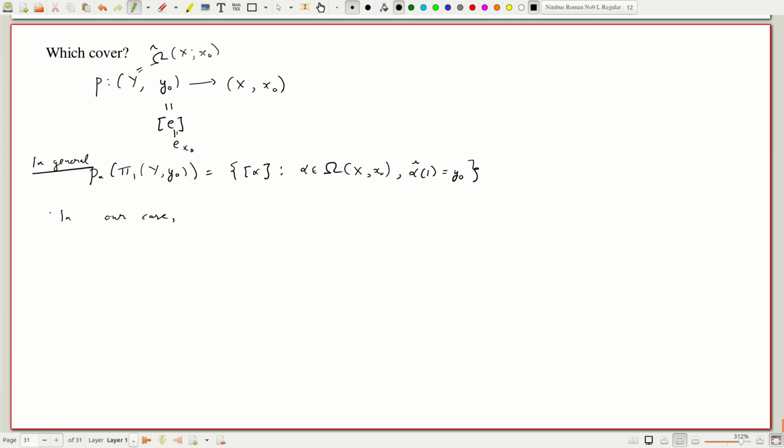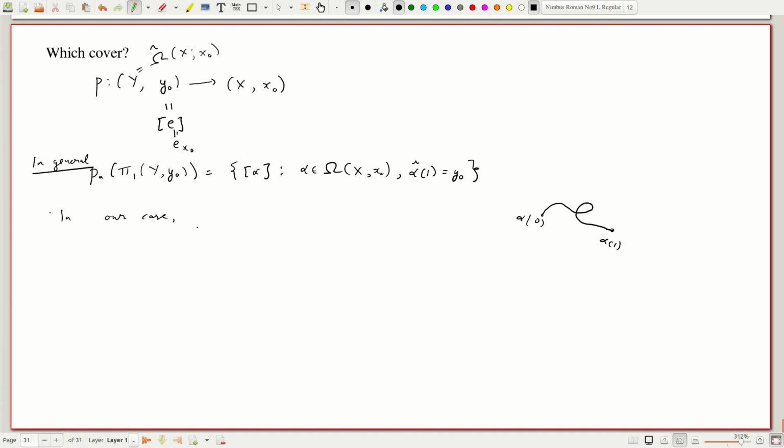Well, as usual, alpha tilde is unique. So if you get a correct description, we have a path alpha, which goes from alpha of 0 to alpha of 1, and we have to get its lift. And its lift here is a family of paths which starts with a path at alpha of 0, ending at alpha of 0, and ends with a path ending at alpha of 1.